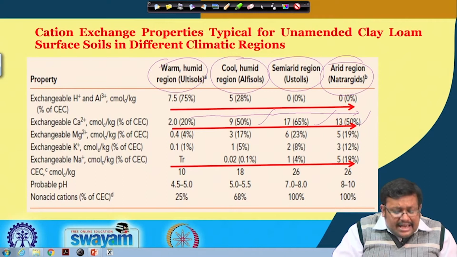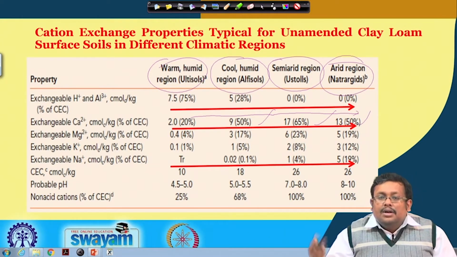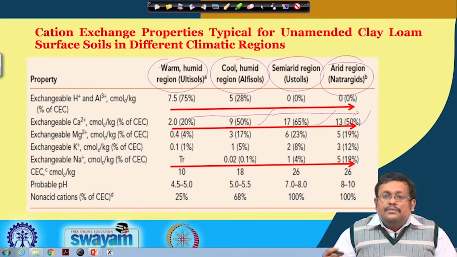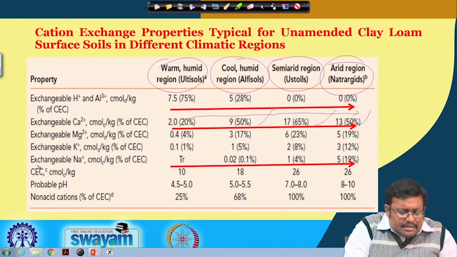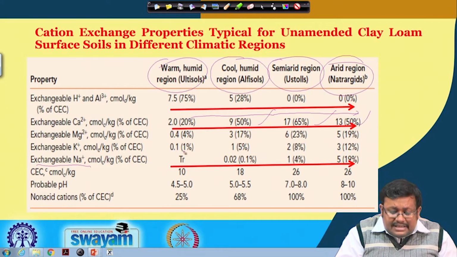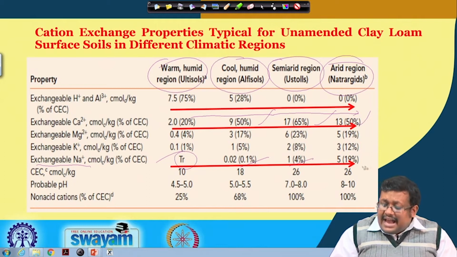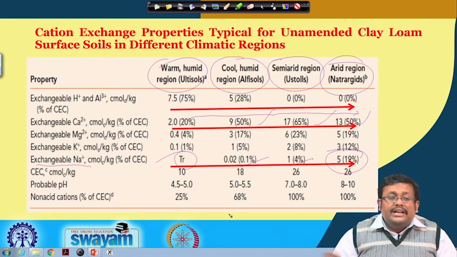And also exchangeable sodium, which is basically present in alkaline soil with high pH, is present in a trace amount in warm and humid regions. It is very less, 0.1%, in alfisol again 4% in ustolls, and in arid soil, which is dominated by different sodium salts, you will get almost 19%.